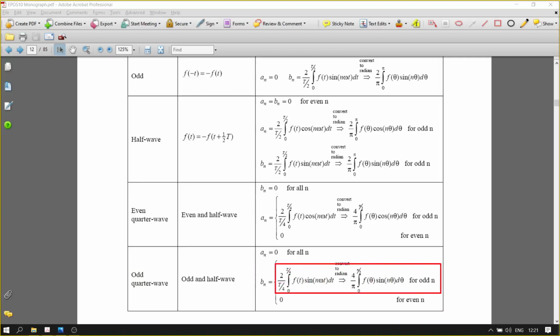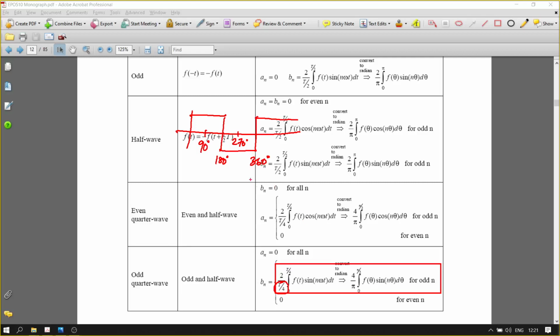If you have odd numbers, then the Bn can be found by having this equation, 2 over T over 4. So you just integrate up to the quarter of the wave. Remember, we have a square waveform. So you have this is 180 degrees, and this is 360 degrees, and this is 90 degrees, and you have 270 degrees there, right?